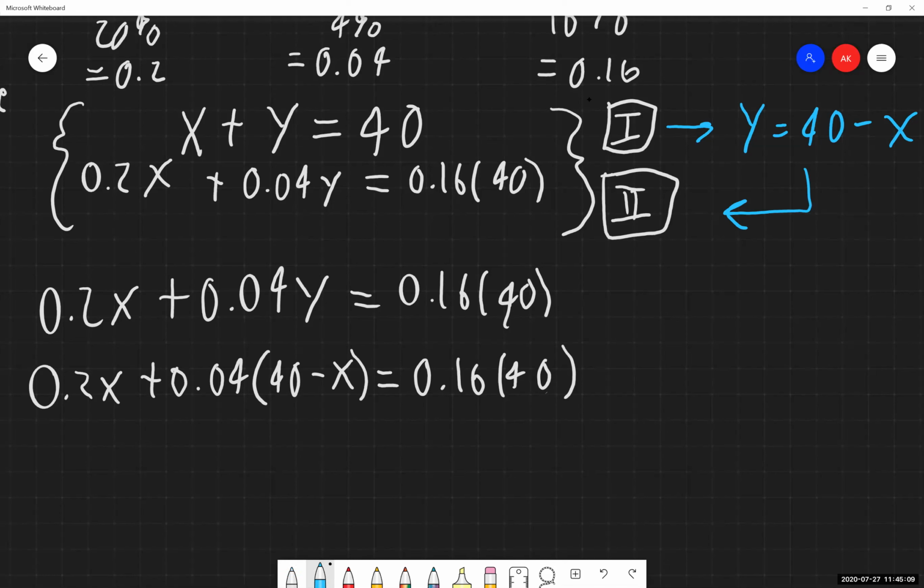So this 0.04 is going to distribute through on the left-hand side. 0.04 times 40, doing that off screen, just multiplying that together in a calculator, should be plus 0.6.